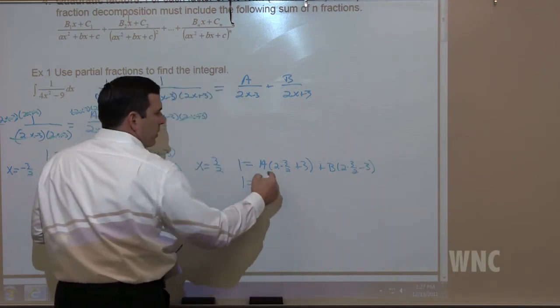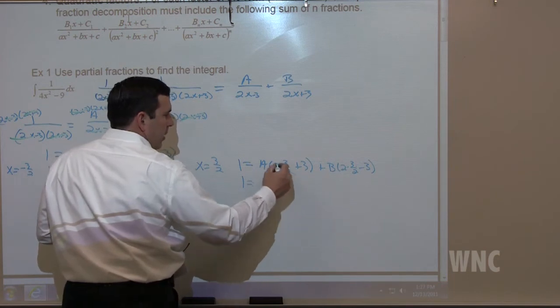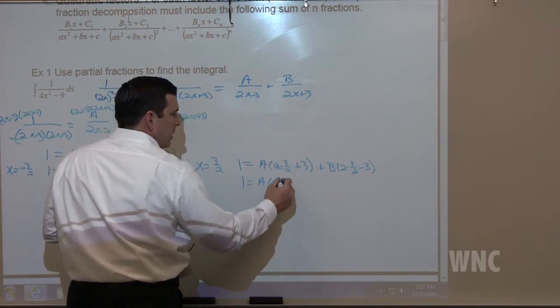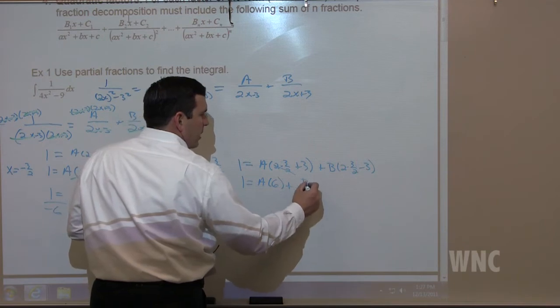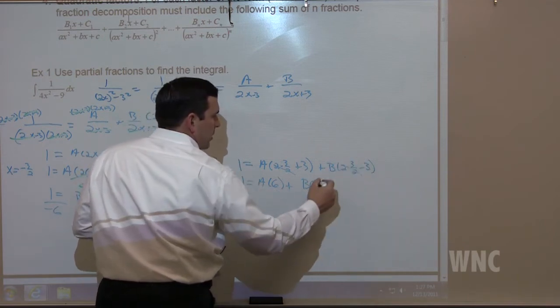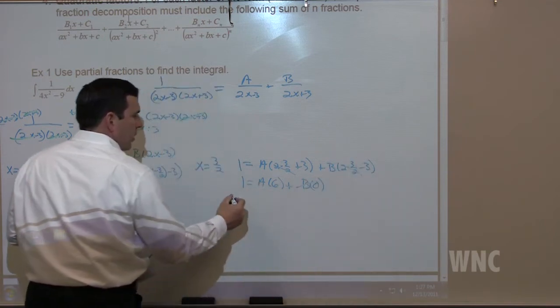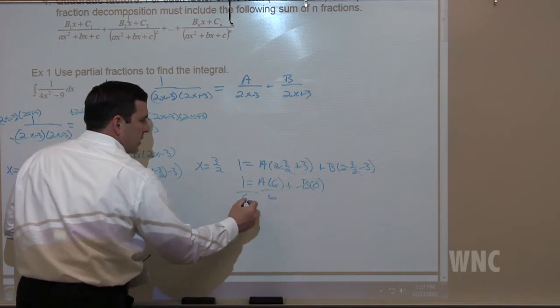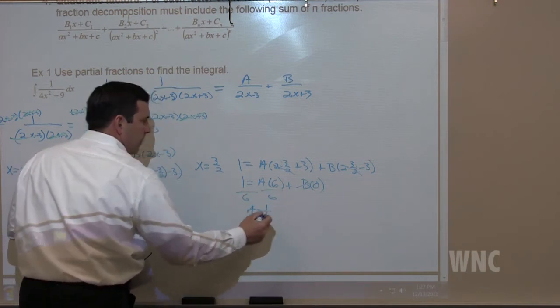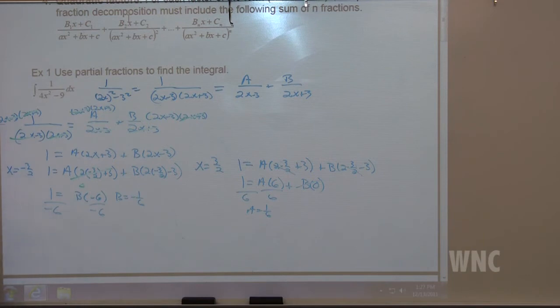So that's 1 equals, 2 divided by 2 is gone, A times 6 plus B times 3 minus 3, that's 0. So it's gone. So divide both sides by 6, A is 1/6. Okay. I want to show you how we got the negative 3 halves and the positive 3 halves. 2x plus 3 equals 0.